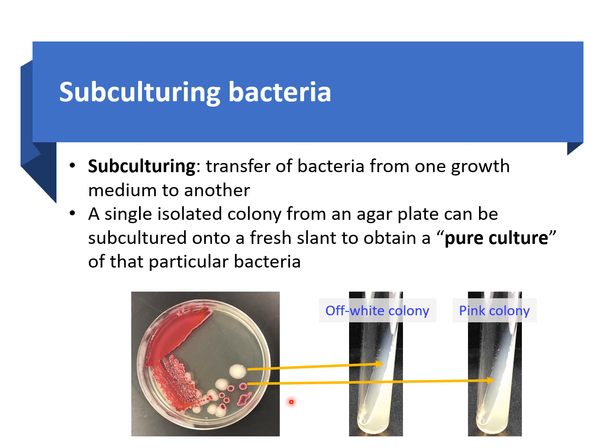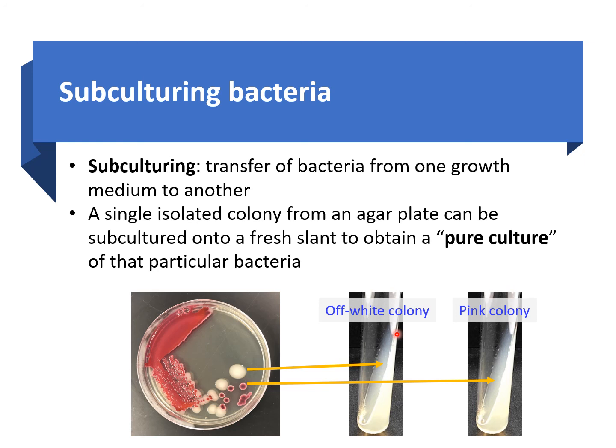Never use your inoculating loop without sterilizing it first. So sterilize it first, grab a sample from this white colony right here, and then transfer it over. Up to you if you want to transfer it over to a slant or to a plate.